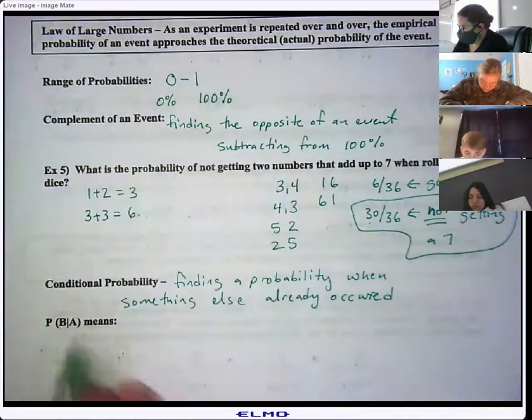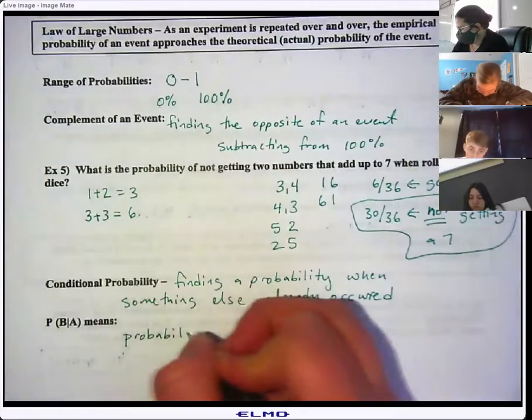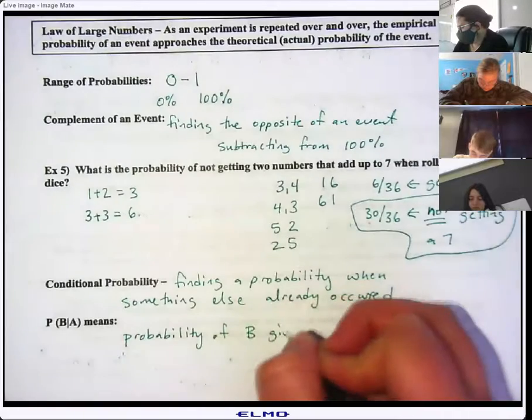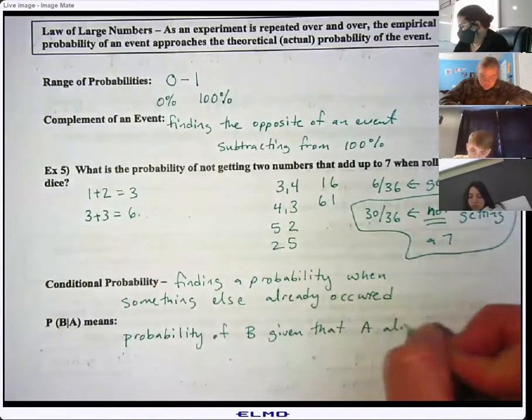Probability of B given A, so this means probability of B given that A already happened.